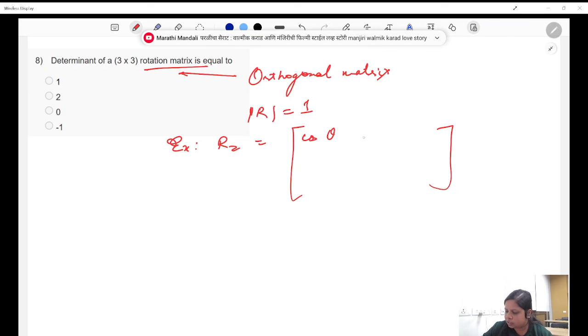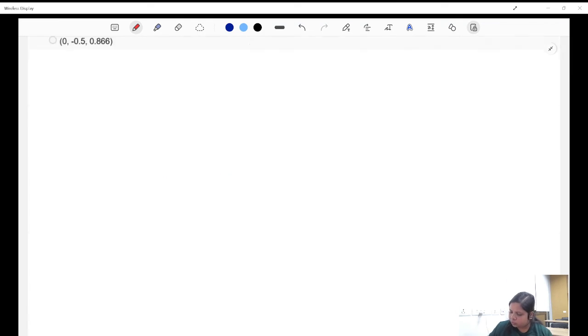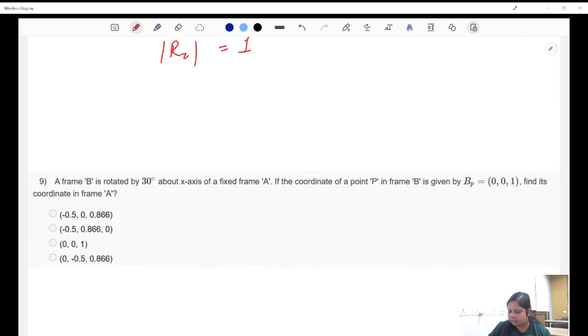Okay, it's cos theta, minus sine theta, 0; sine theta, cos theta, 0; 0, 0, 1. Now find the determinant of this matrix. We'll get it to be 1. So the determinant of a rotation matrix is always 1. Cos squared theta plus sine squared theta. You can check it with other rotation matrices as well.